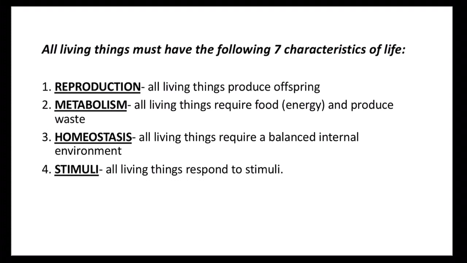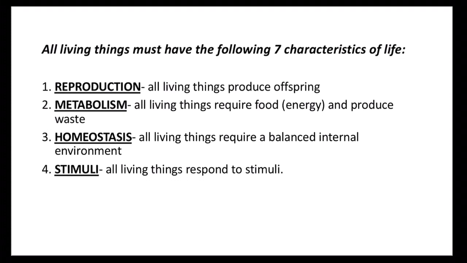To start off, all living things must reproduce and produce offspring. If an organism can't produce babies, essentially, or offspring in some way, even if this is through something like cloning, it is not considered to be alive.